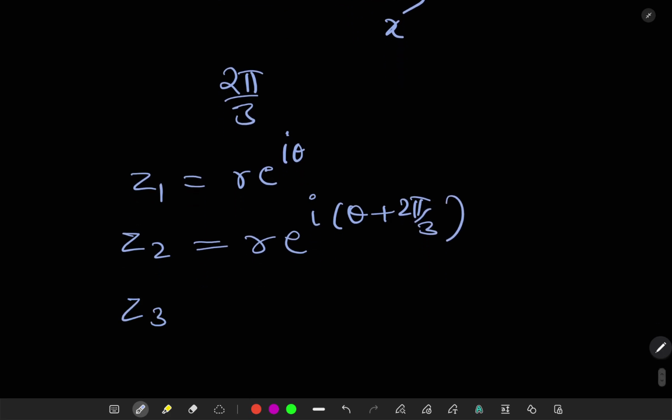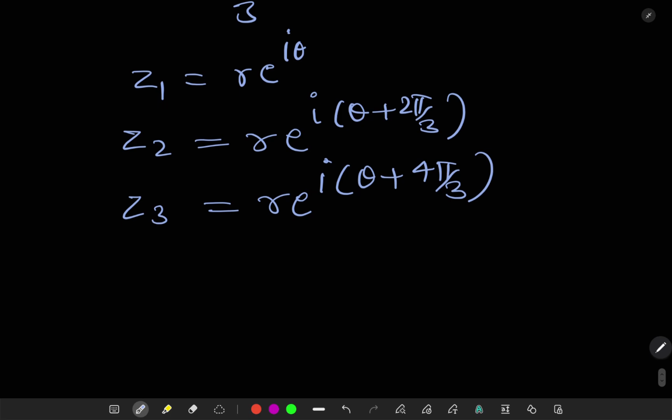And now z3 becomes r into e raised to power iota theta plus 4 pi by 3, because we need homogeneity, that's why we take 4 pi by 3.